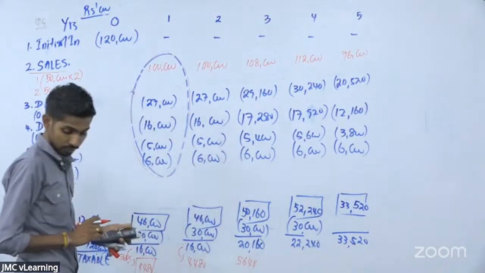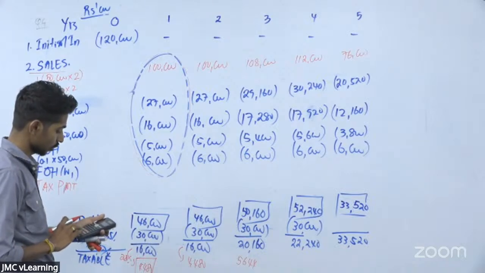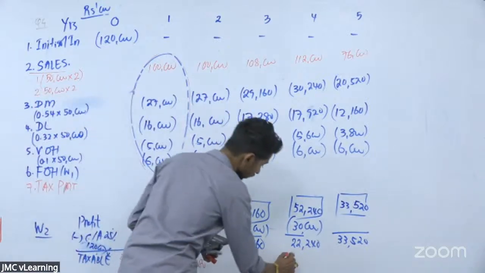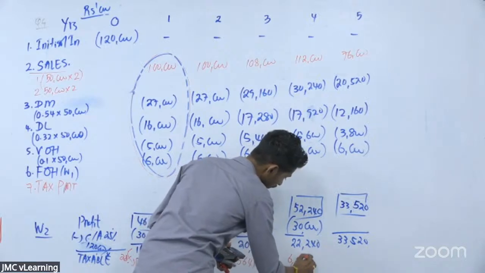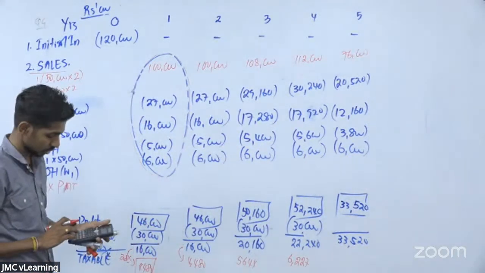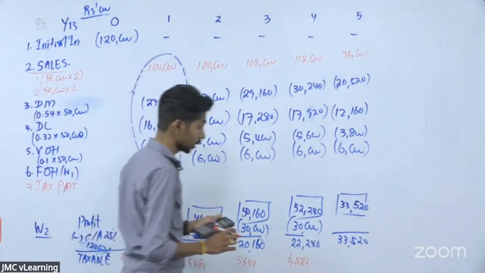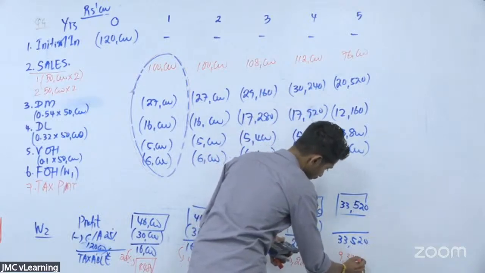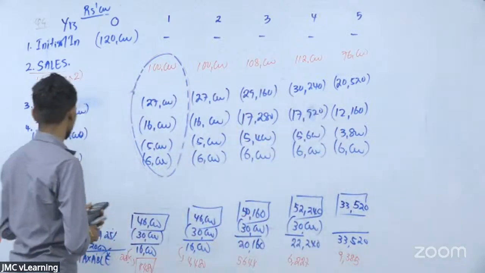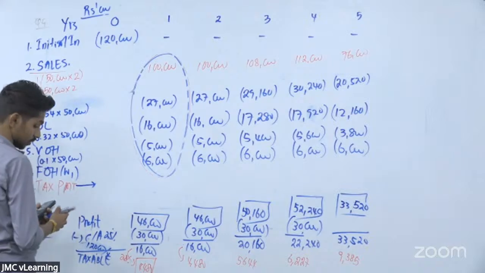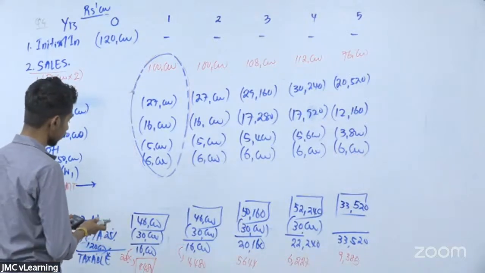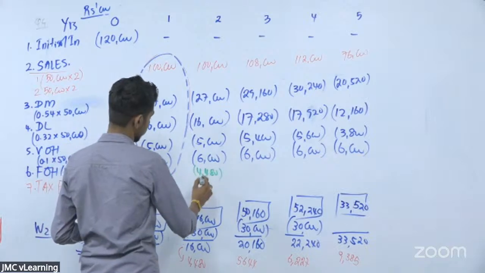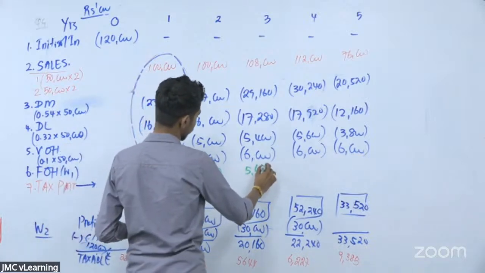5,644. Thereafter, 22,240 into 28%, 6,227. Final year, 33,520 into 28%, where 28% means the tax rate: 9,385.65. We can take it as 9,385. Then tax payment is a cash outflow. 4,480 deduct. 4,480 minus. 5,644 deduct.